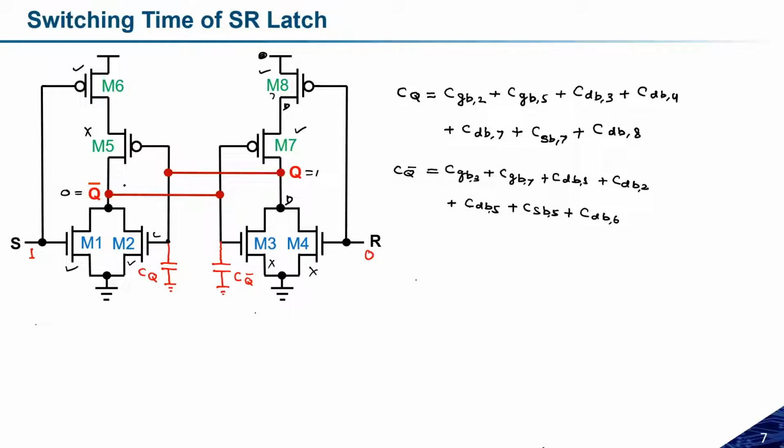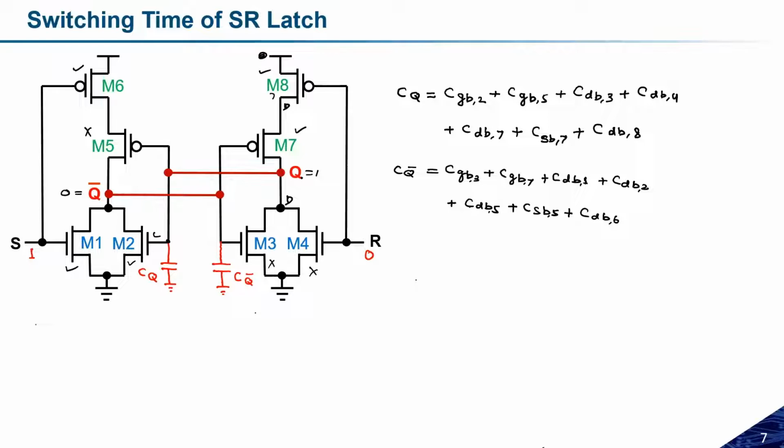Okay, and similarly, if I have activated the reset one, in that case M4 will be activated, so Q will become 0. So similarly, what the logic at Q and Q bar is depends completely on the set and reset values.